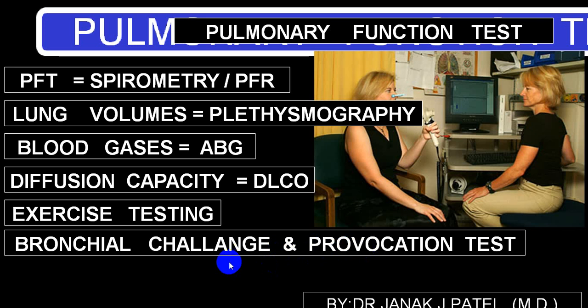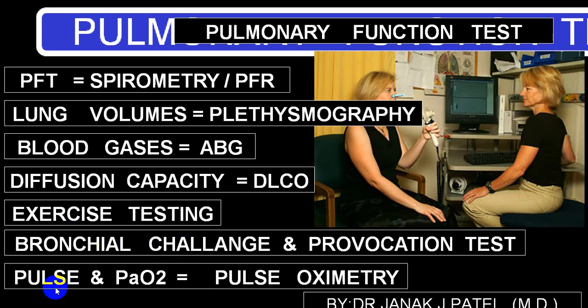And if there is a report giving you that there is an obstructive element and you want to find out whether it is reversible or not, you go for a bronchodilator test and do a repeat test after bronchodilators. So you call as a provocation test or bronchodilator test.